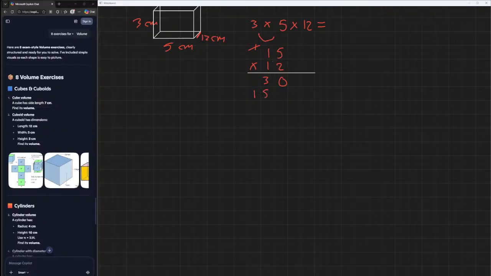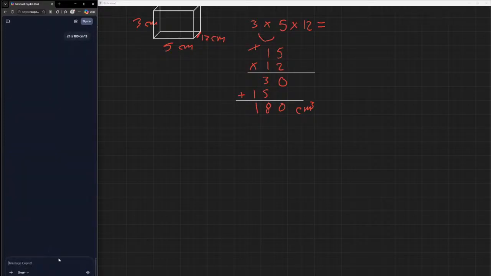Then we have 15 here plus this. We bring down the 0, 8 and 1. So question 2 is 180 centimeter to the power of 3.